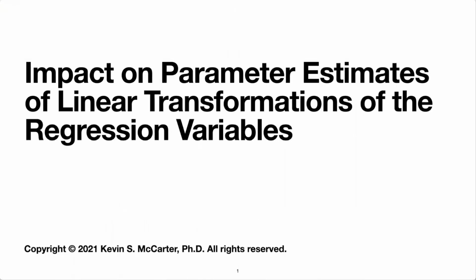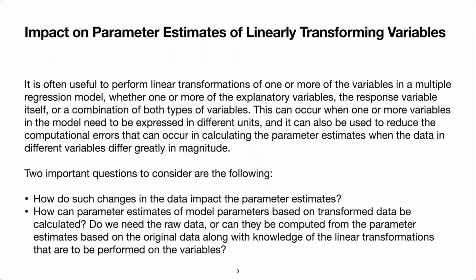So let's get started. In this lecture video, we look at the impact on parameter estimates of linear transformations of the regression variables. So let's look at an introduction. It's often useful to perform linear transformations of one or more of the variables in a multiple regression model, whether one or more of the explanatory variables, the response variable itself, or a combination of both types of variables.